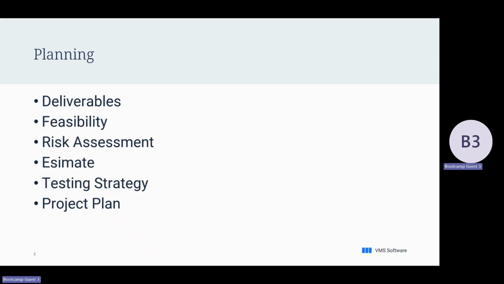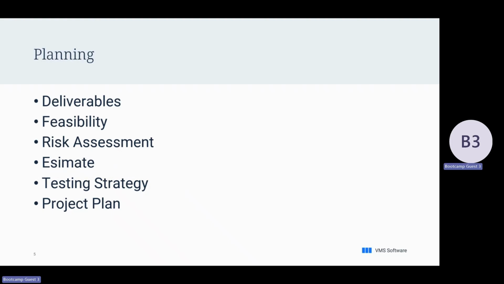You need to do some planning, break what you're trying to do down into some deliverables, figure out the feasibility of porting those deliverables, and assess the risks associated with it, what could happen if something doesn't quite work the way I thought it would. Come up with estimates, how long it's going to take, come up with a testing strategy based on your test plan, and then create an overall project plan.